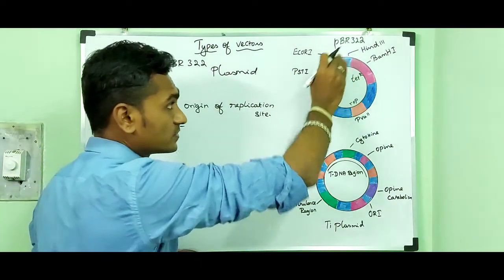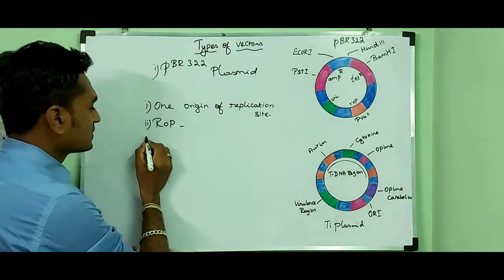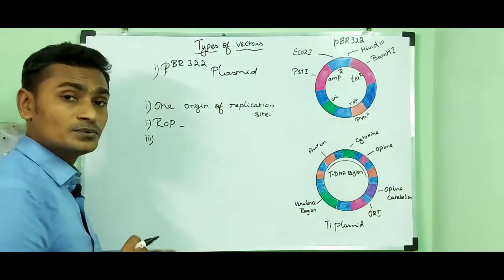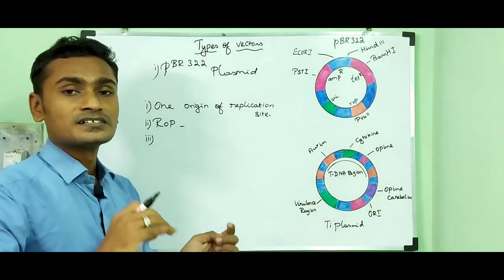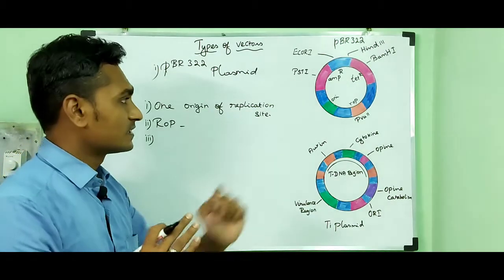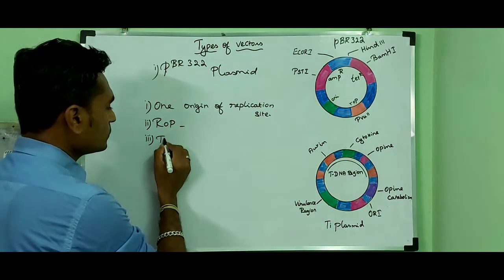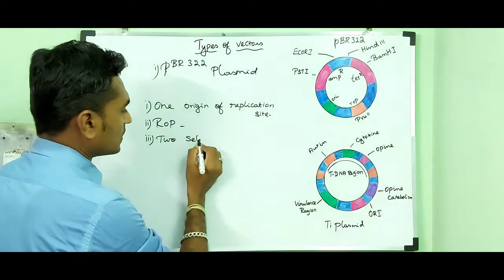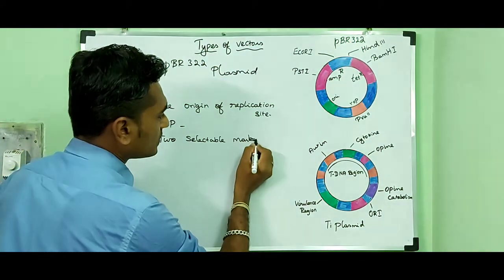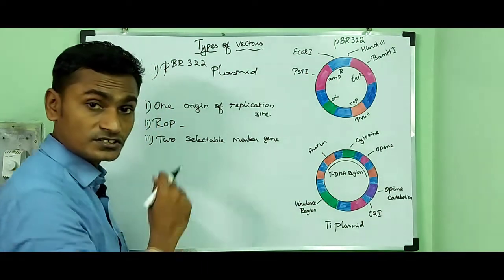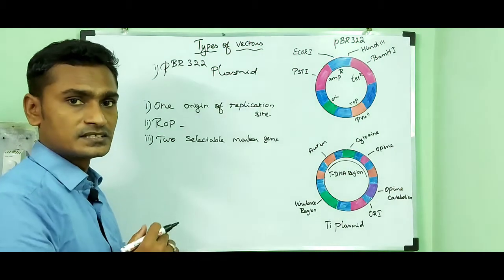Then it contains two selectable marker genes conferring resistance to antibiotics, ampicillin and tetracycline.